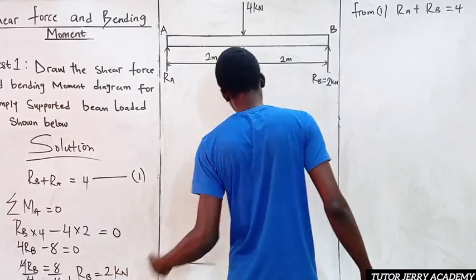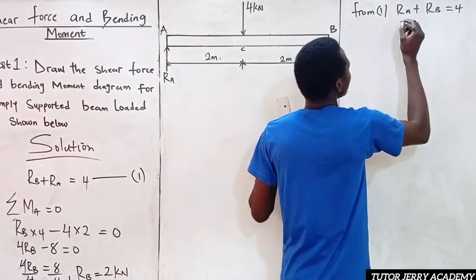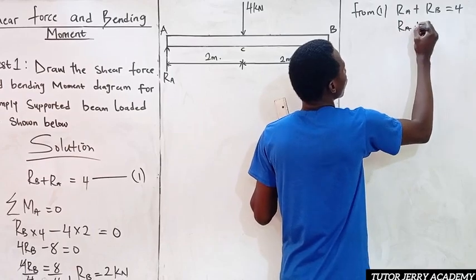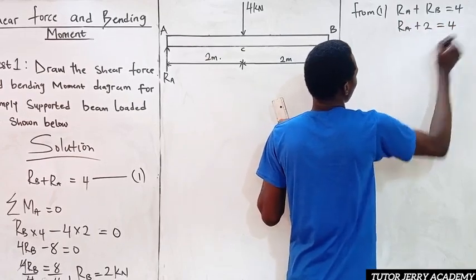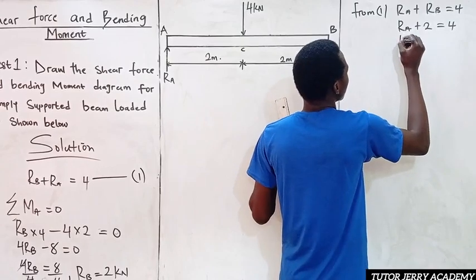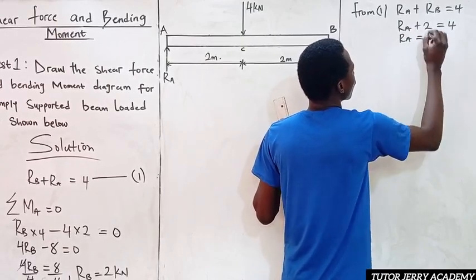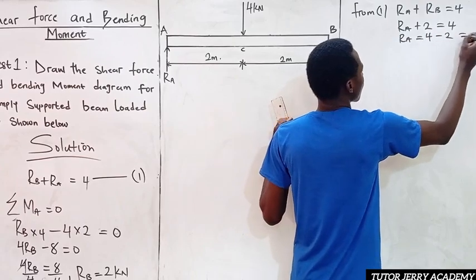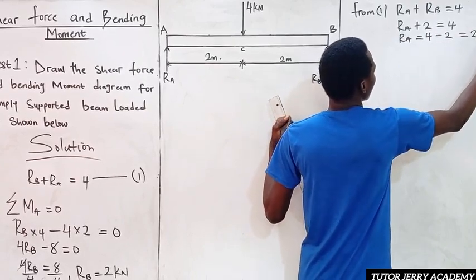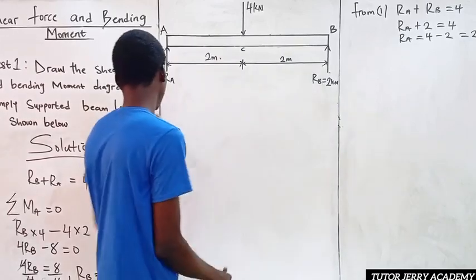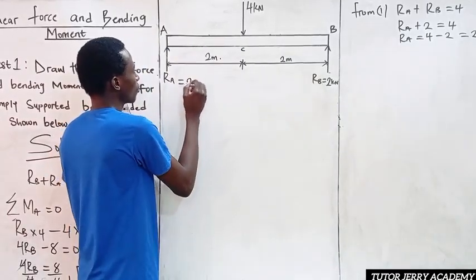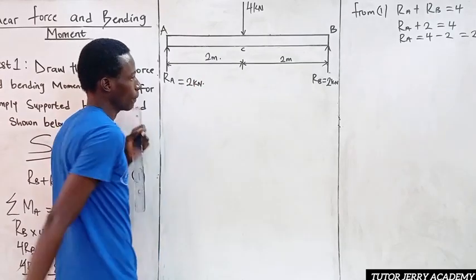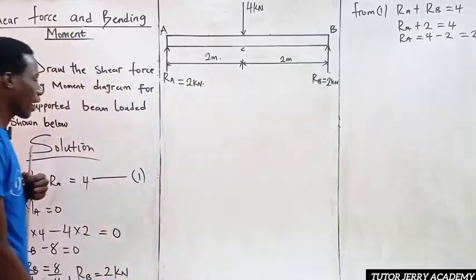But we know that RB is equal to 2 kilonewton. So RA plus 2 will be equal to 4. I take 2 to this other side, and RA will be equal to 4 minus 2, which is equal to 2 kilonewton. So my RA is equal to 2 kilonewton.